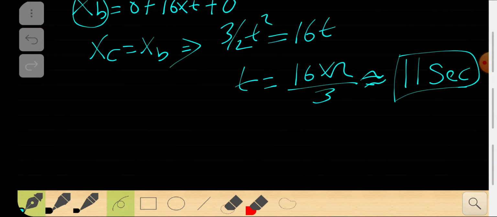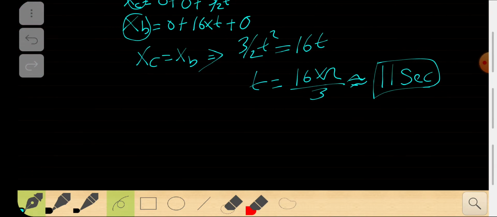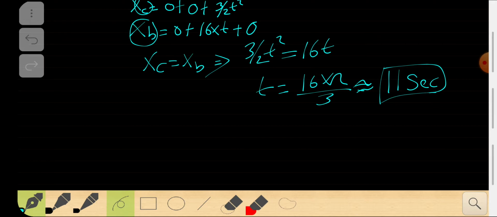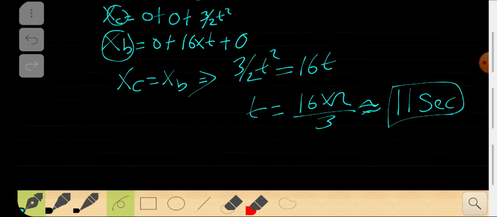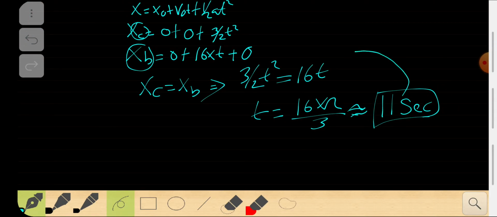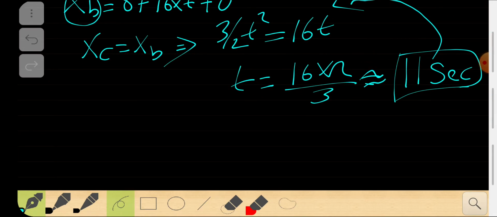So what will be the distance traveled by the car and the bus in order for the car to overtake the bus? You can just put this time back into the equation of the car or the bus to directly find the displacement. You can write down xc or xb, which is the same.